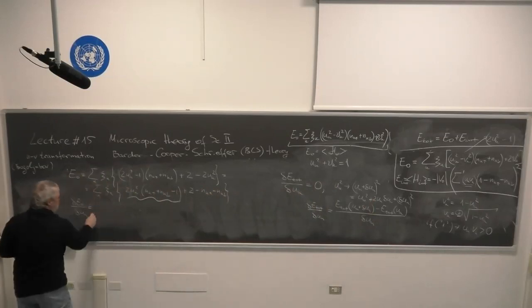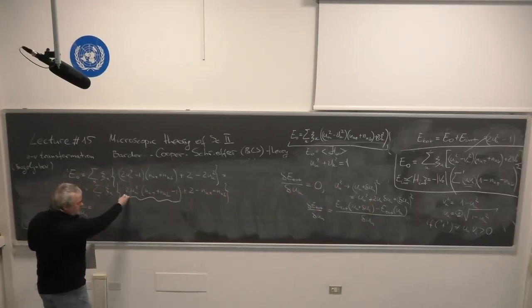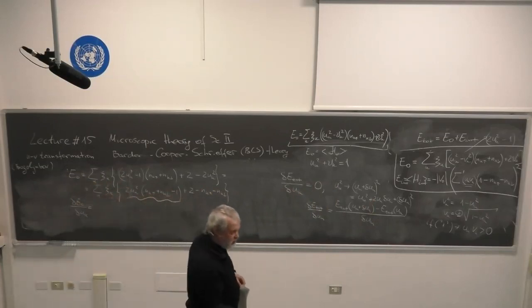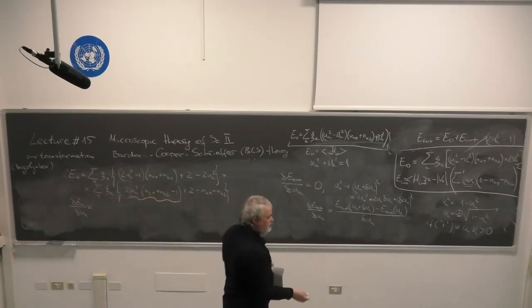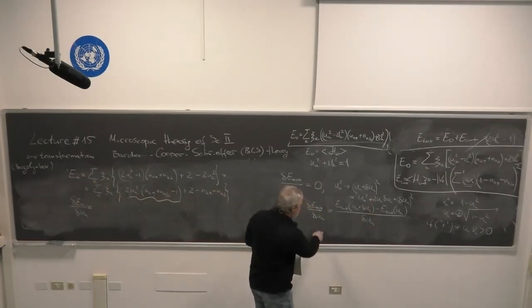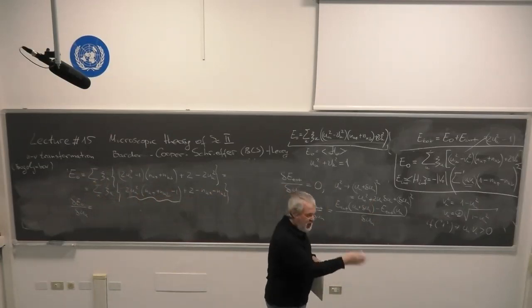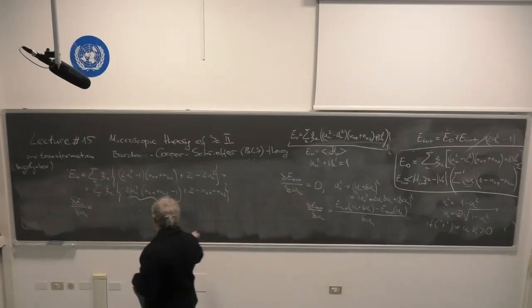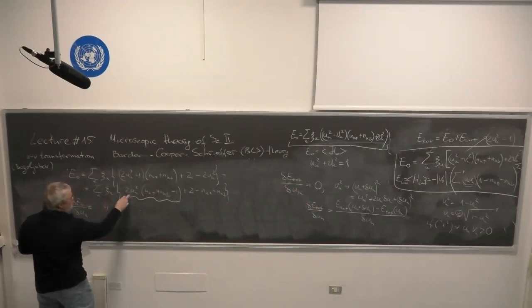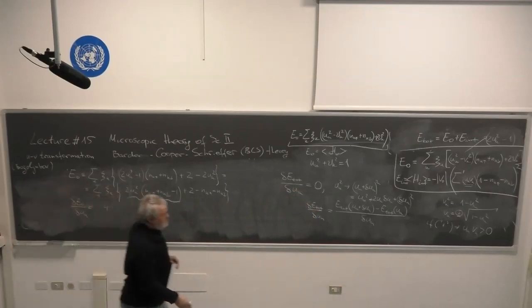Since my energy is a functional, it depends on u_k through the sum or integral. Since I'm taking the functional derivative with respect to u_k, I pick up a particular k. Therefore, I drop the sum over k. So this is 4 times, 2 comes from here, 2 comes from this.